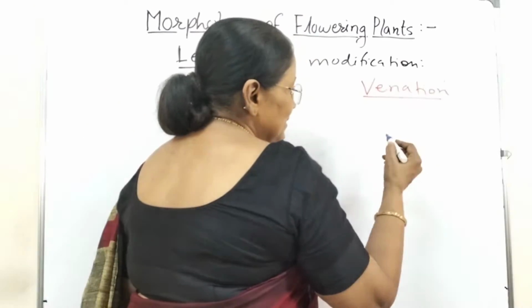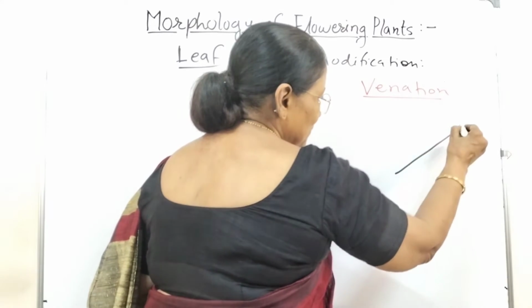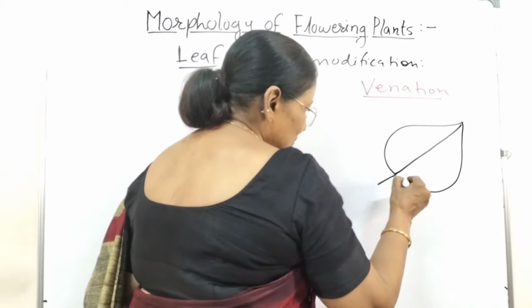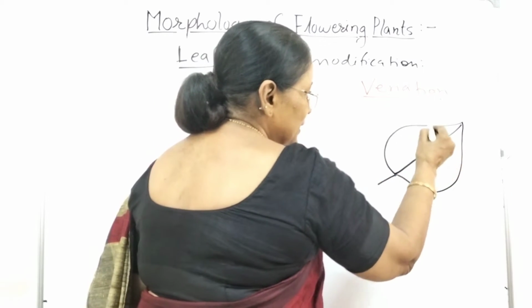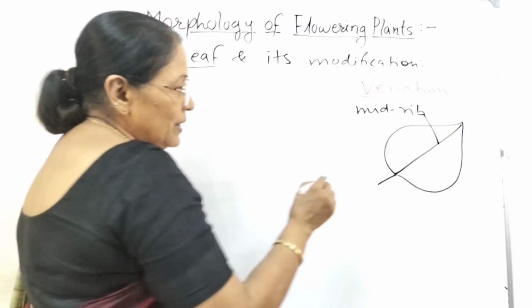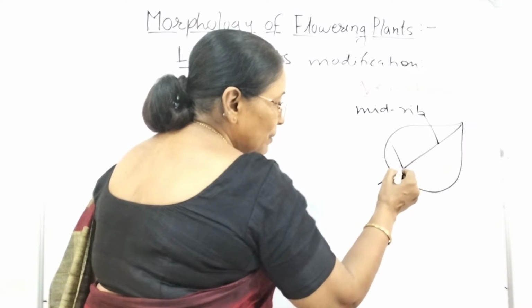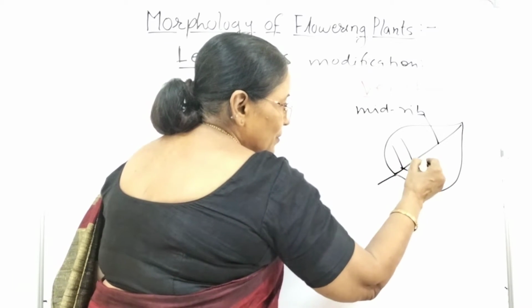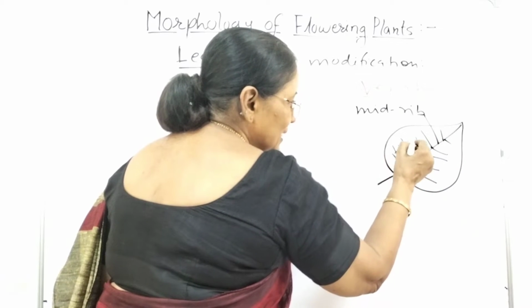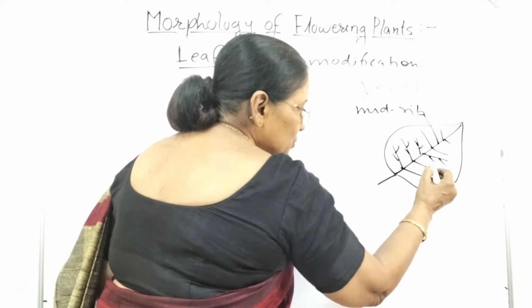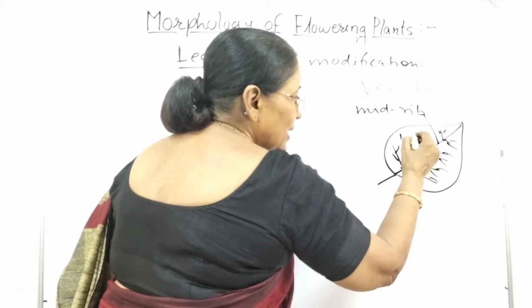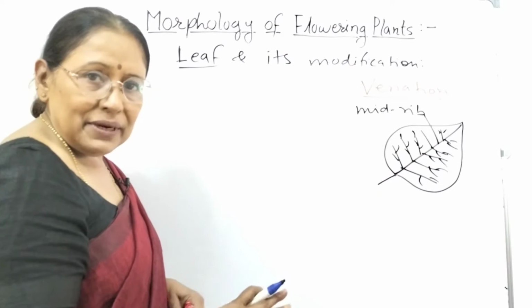I am drawing two types of leaves. This is one leaf. This is its petiole. Here you see the leaf lamina. Then this is the midrib. From this midrib, from this main vein, veinlets are coming out, and then further smaller veinlets come out from these, so that a complete network-like structure is formed in the leaf lamina.